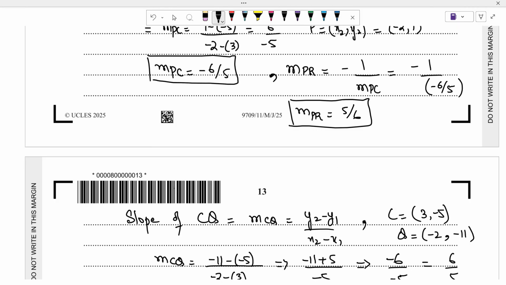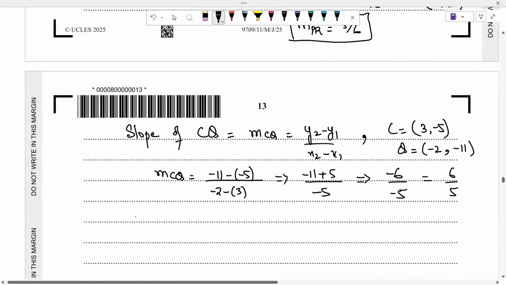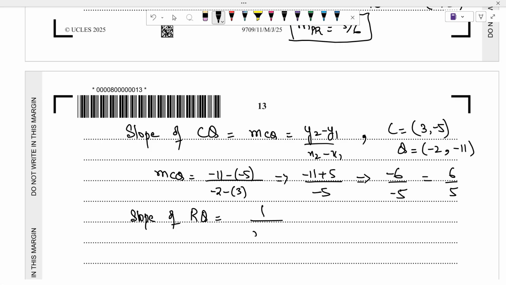So this is the slope of CQ, which is perpendicular to RQ. So the slope of RQ is negative 1 over MCQ, which is negative 1 over 6 over 5, which is equal to negative 5 over 6.